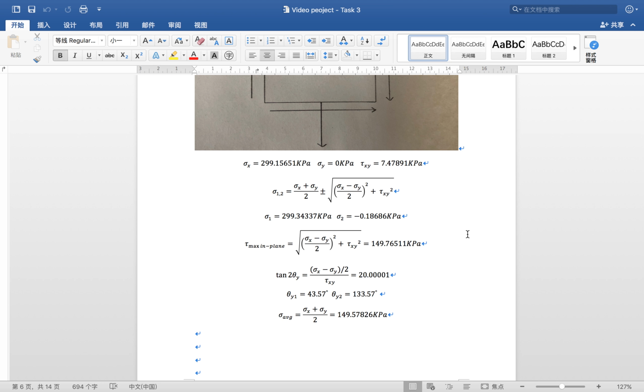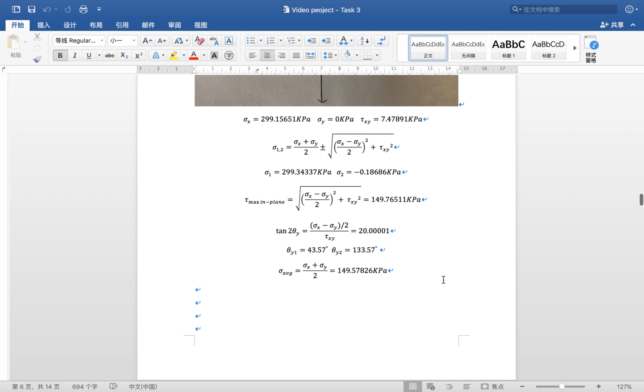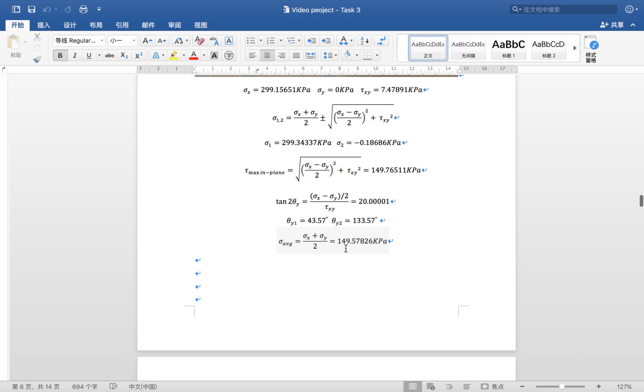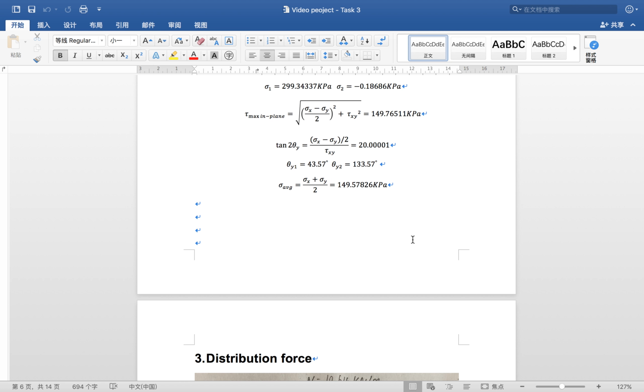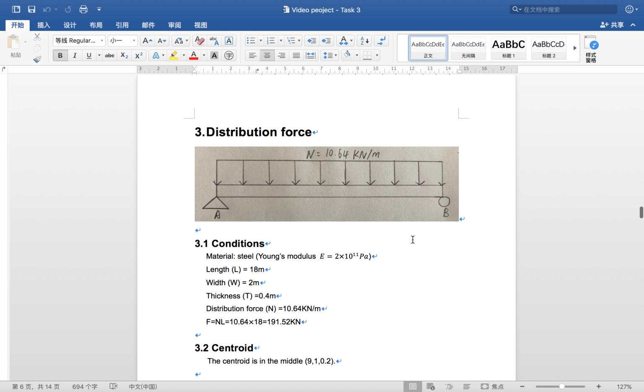And the in-plane shear stress is 149.76511 kilopascal. And that is sigma average stress. And next we'll talk about the distribution force.